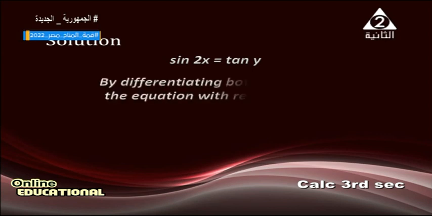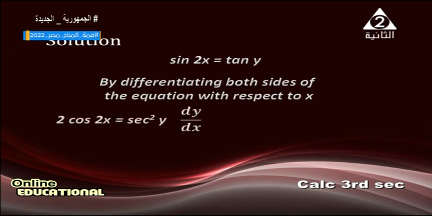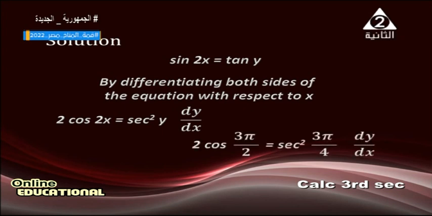By differentiating both sides with respect to the variable x, the derivative of sine 2x is cosine 2x multiply 2. Then the derivative of sine 2x is 2 cosine 2x equals the derivative of tan y. Derivative of tan y is sec power 2 y dy dx.